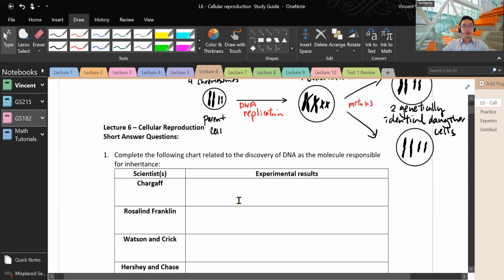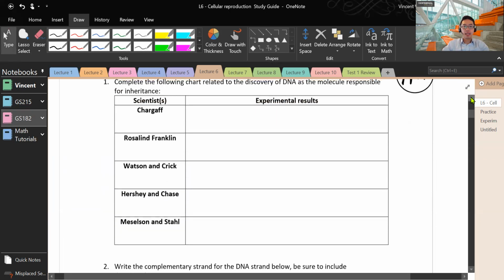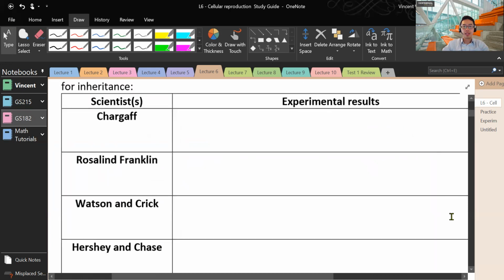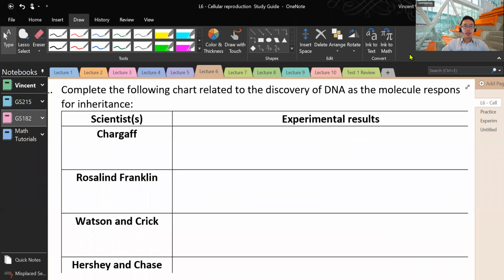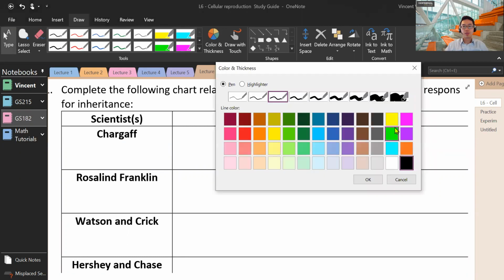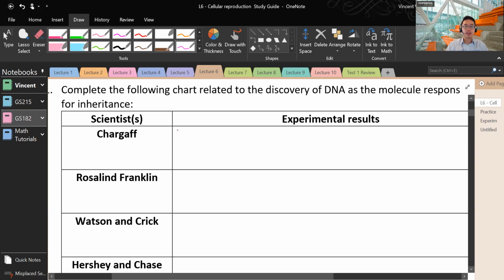We will go ahead and look at these scientists. The first one is Chargaff. Chargaff has Chargaff's rule, which basically, he discovered that in any DNA sequence sample, the number of adenine, which is A, always equals the number of thymine.